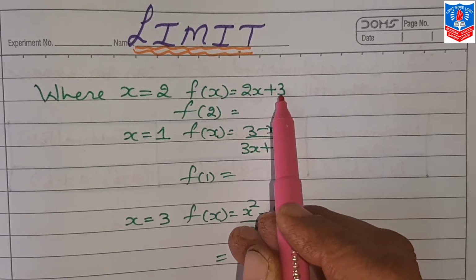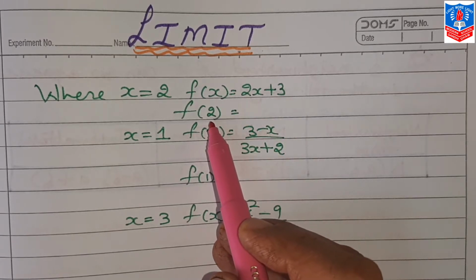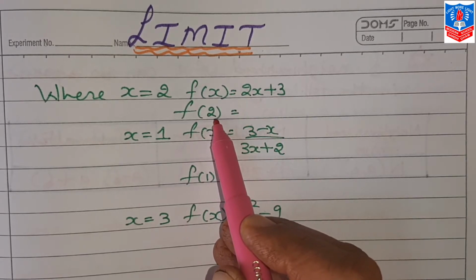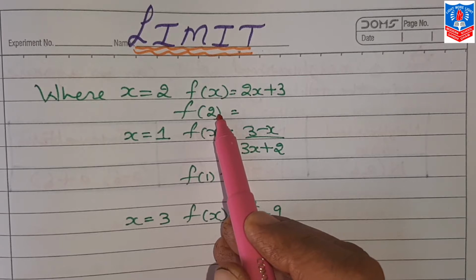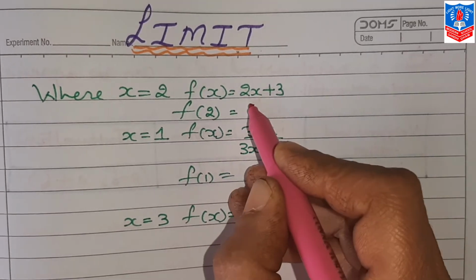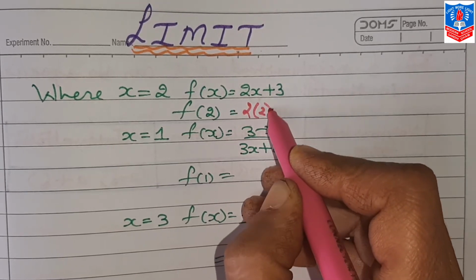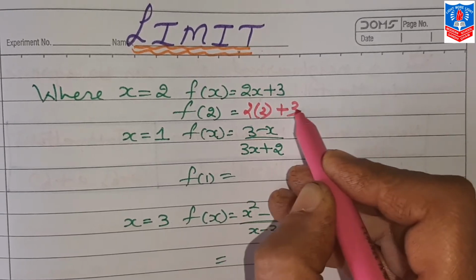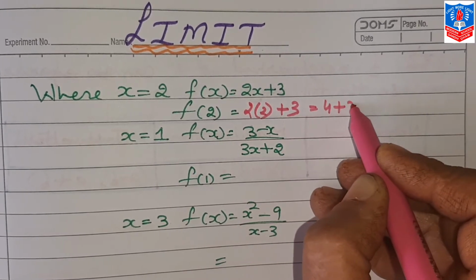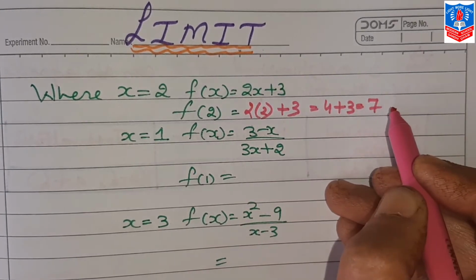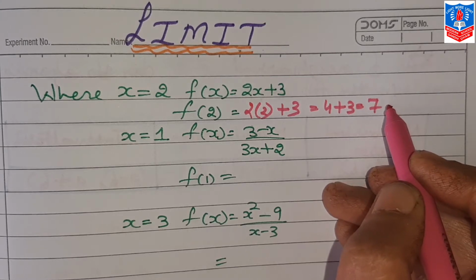Now we can obtain the value, that is where the value of x is 2, what will be function of that. Here if I solve this, so at the place of x, if we write 2, so this will be 2 2s are 4 plus 3, that will be 7.